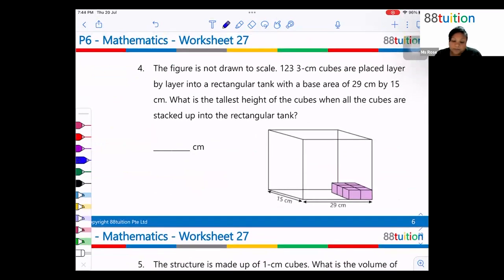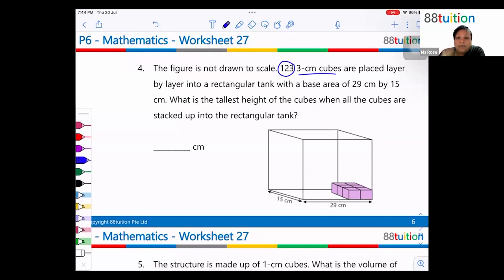Okay, now, in the figure below, not drawn to scale, there were 123 cubes, right? There were 123 cubes. So 3 cm cubes are placed layer by layer.